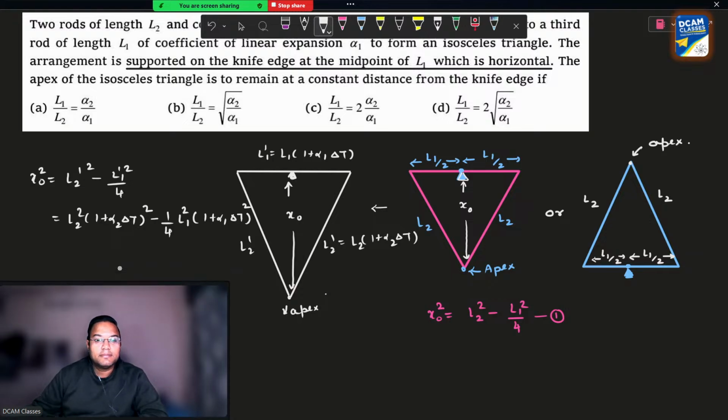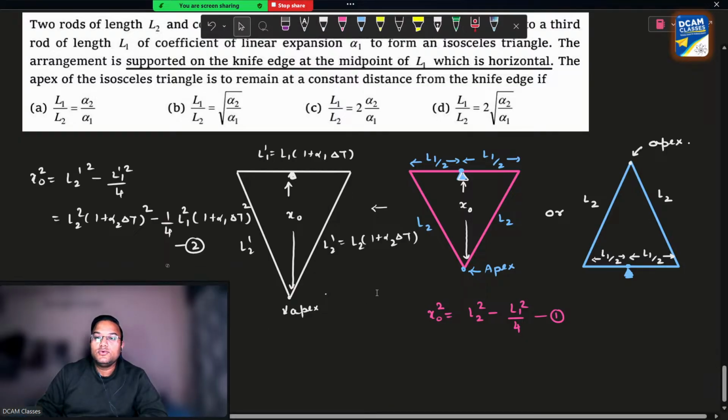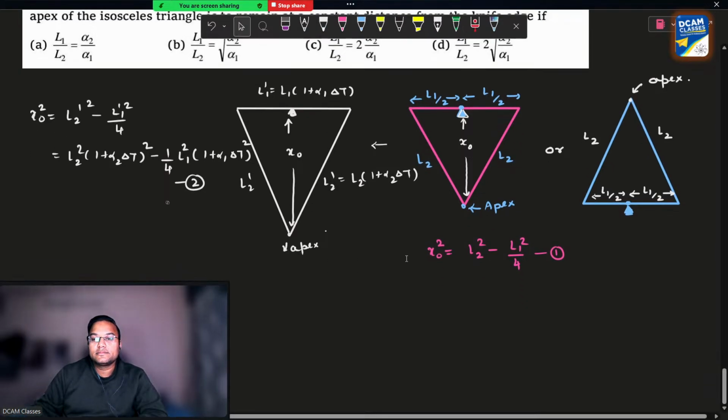Which option? They are saying it is D, 2 root alpha 2 by alpha 1.